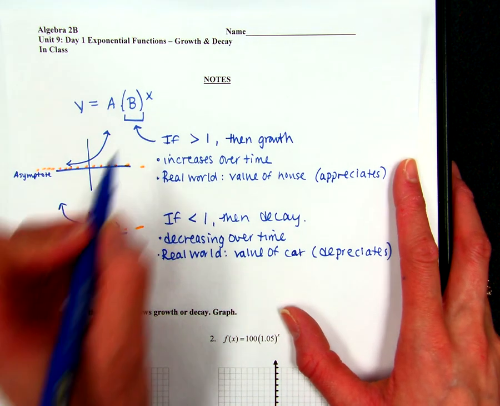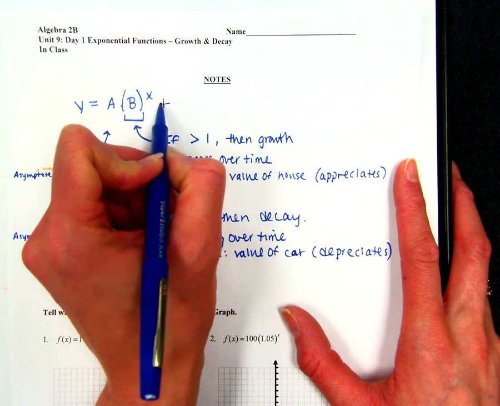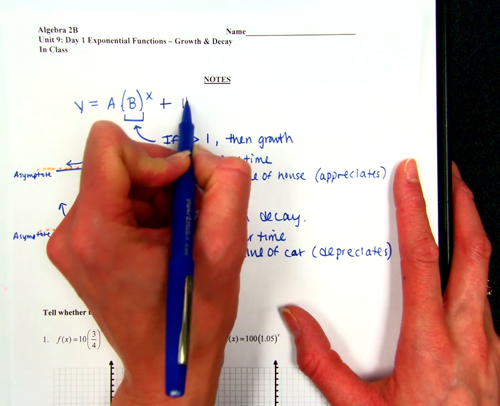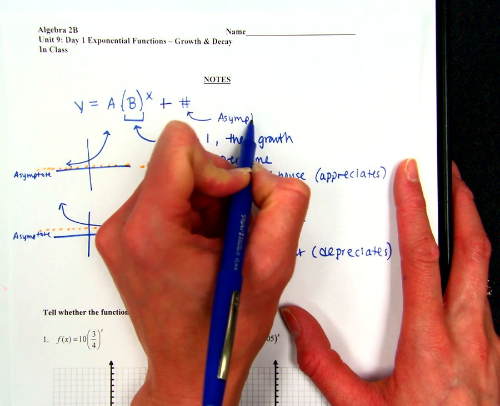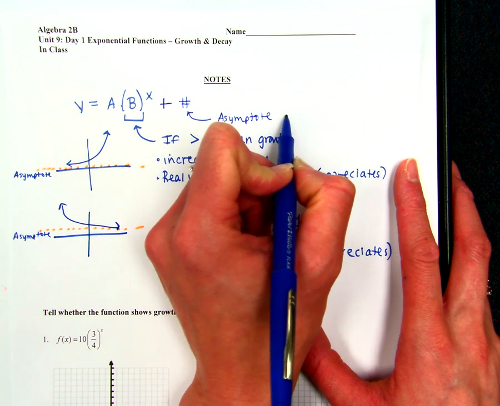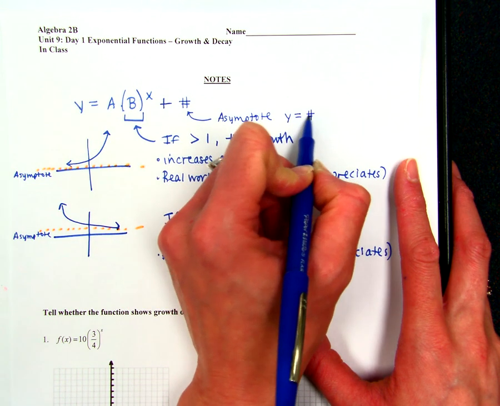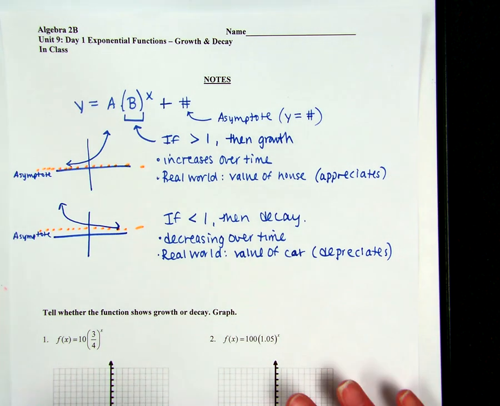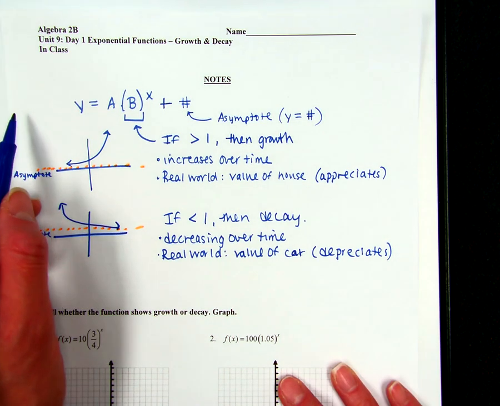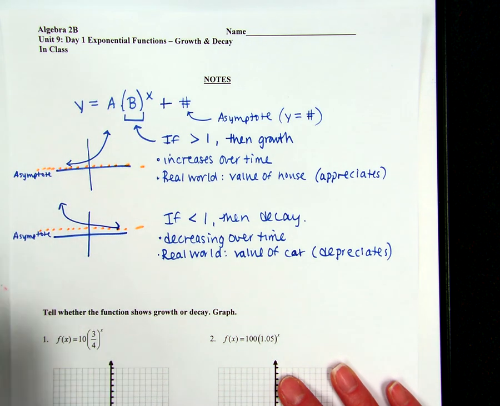Your asymptote is indicated by whatever number is over here, and that's always going to be a horizontal line, like y equals whatever that number is. So that's one type of problem that we're going to talk about, just basic exponential growth and decay.